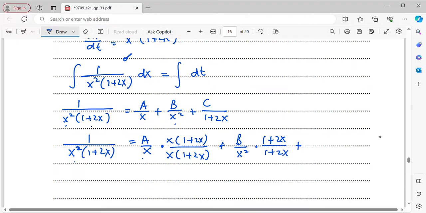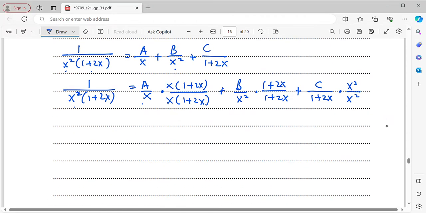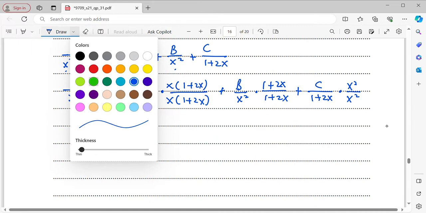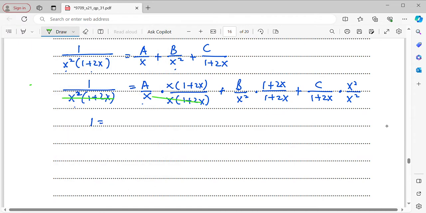Same goes to C, so you times with x squared. Alright, so now from here, just ignore all the denominators and write down the numerators.